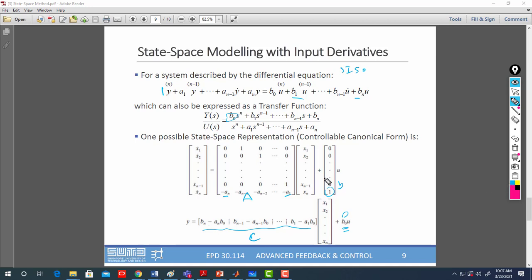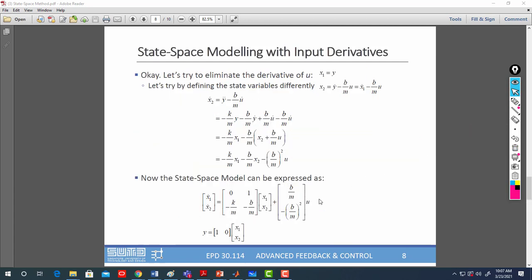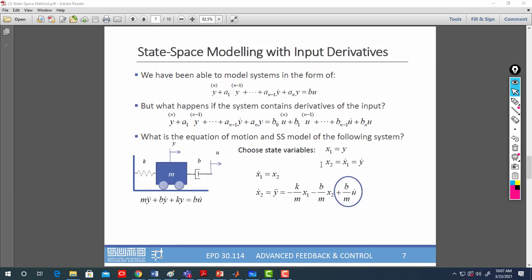Keep in mind that it's a single input, single output system. It's a SISO system, but I'm representing it as the mass spring damper system we saw a while ago. So instead of going over it and thinking what states I want to impose, you can do it this way.